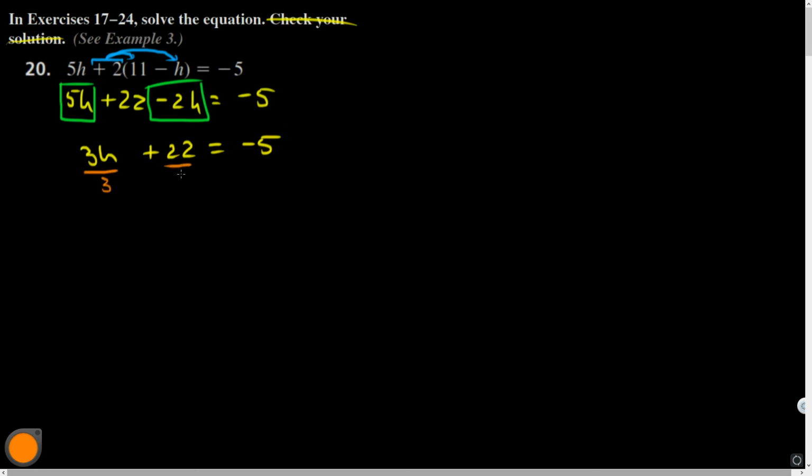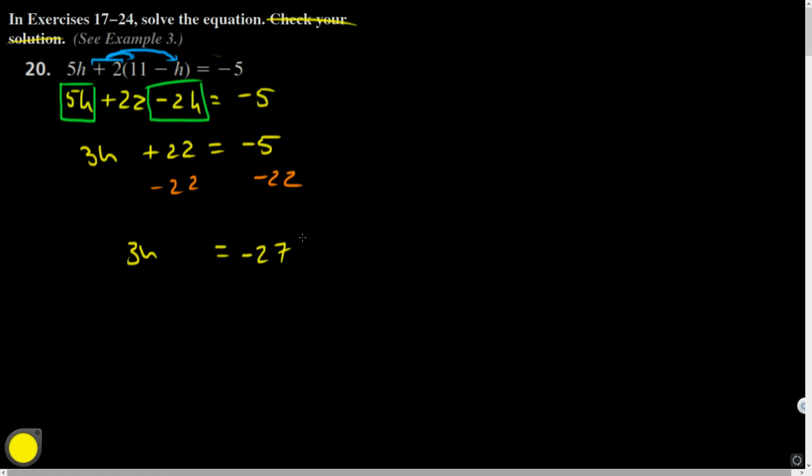And if I was to divide everybody by 3, I would be creating a whole lot of fractions that I just don't want to deal with. I can't deal with you right now, fractions. So let's subtract 22 from both sides, and when I say both sides, we're referring to both sides of the equal sign, all right? So here we go, 3h, these 22s cancel out, equals, that's becoming more negative.